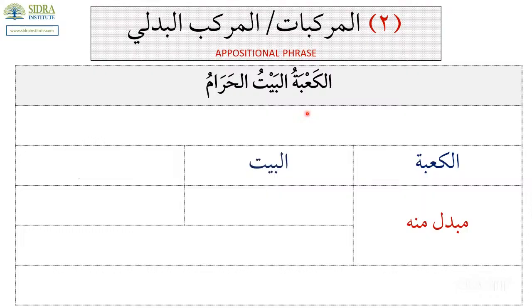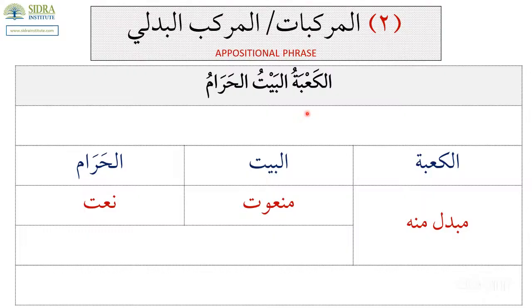Now, the second word actually contains a descriptive phrase. So al-Bayt, we will break this down. Sanctified house. Al-Bayt is man'ut. Al-Haram is the na'at of al-Bayt. So the sanctified house.